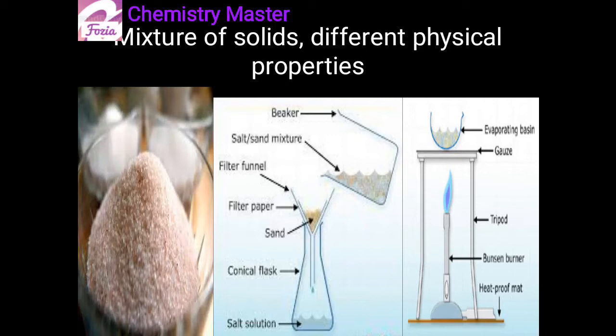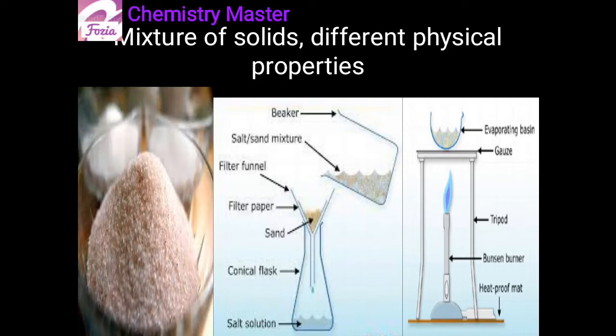When we dissolve sugar in water, we make a sugar solution. The sugar, which is the smaller content of the solution, is called the solute, and water, which is in bulk or greater amount, the larger content, is called the solvent.